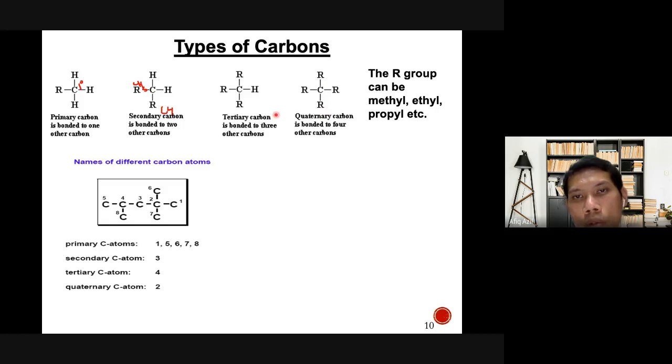So the maximum that the carbon can have is only 4. It cannot have 5 bonds, 6 bonds, 7, and so on. Why is there a limit of 4 bonds to carbon? That can be explained when you try to draw the Lewis structures, or you can also see it in the hybridization.